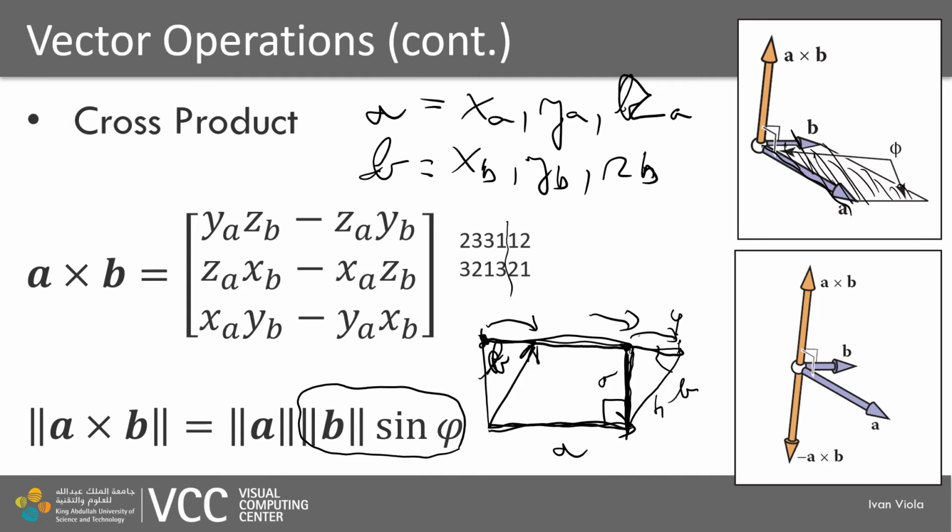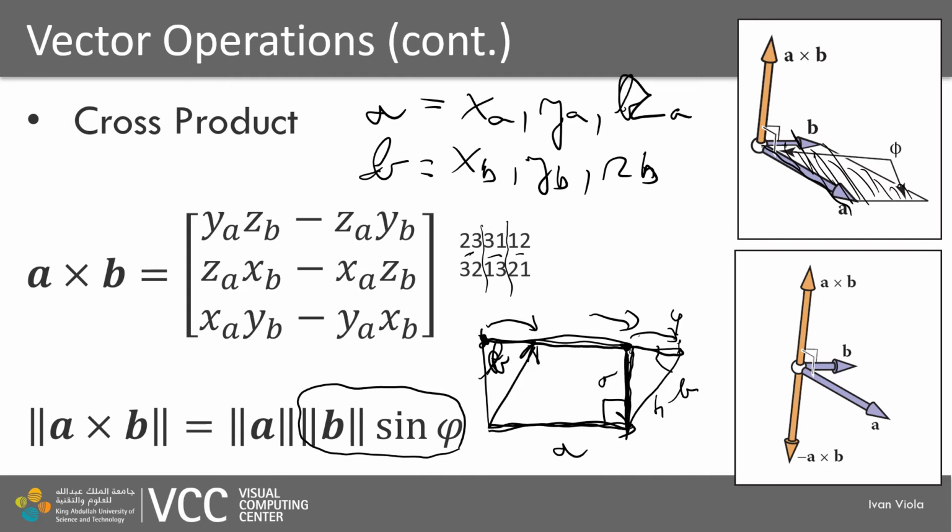Then I have three coordinates where the second coordinate times the third coordinate of the other vector, minus, and here it is always minus, the third coordinate of the first vector times the second coordinate of the second vector. This holds in all of these cases. So this is the description for x, this for y, and this for z.